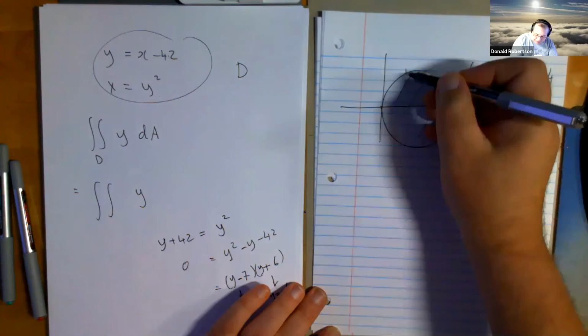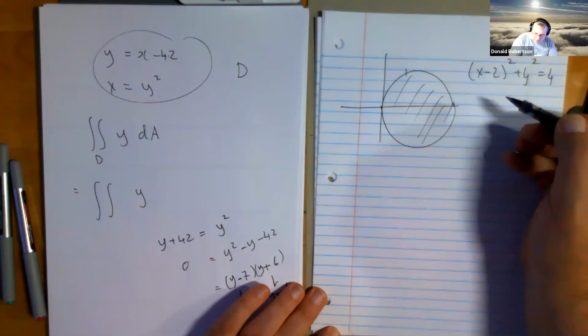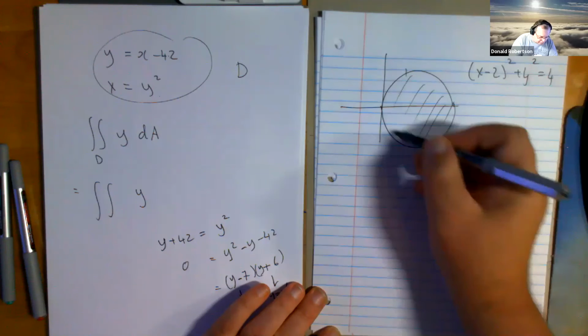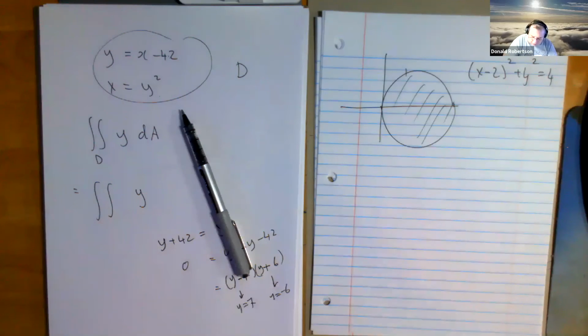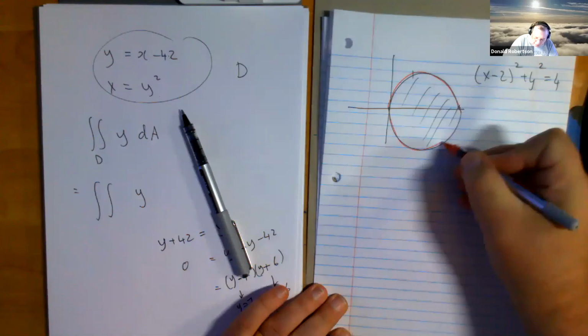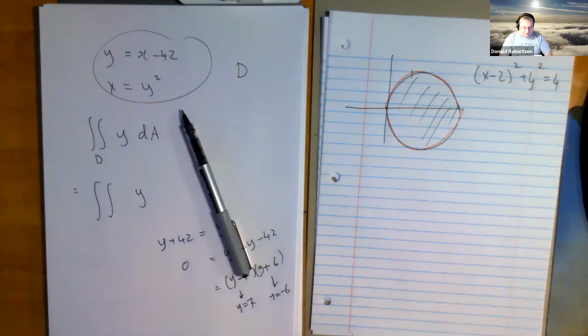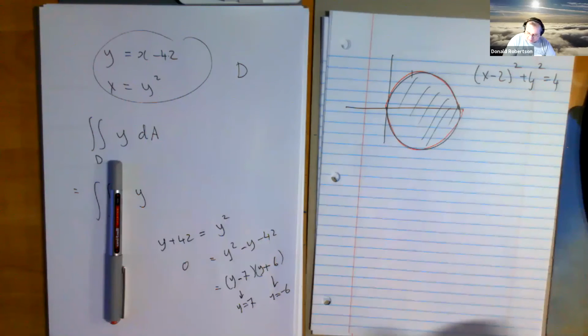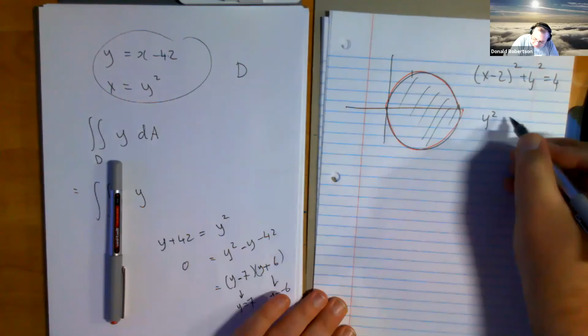If I'm looking at vertical or horizontal, I have to realize that this circle can be thought of as a top bit, take away a bottom bit. So I would just rearrange this equation, probably something like this.